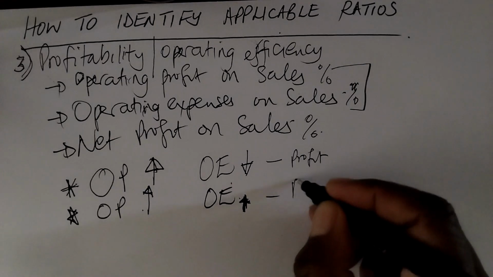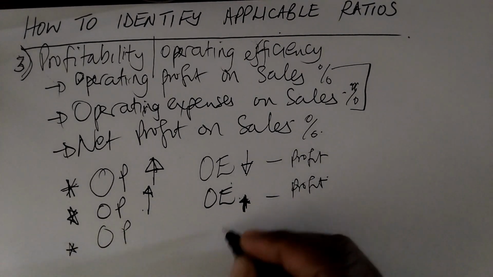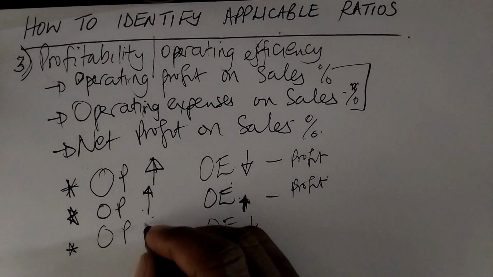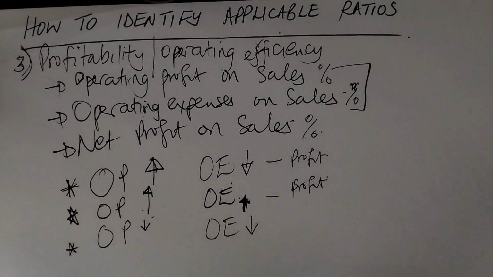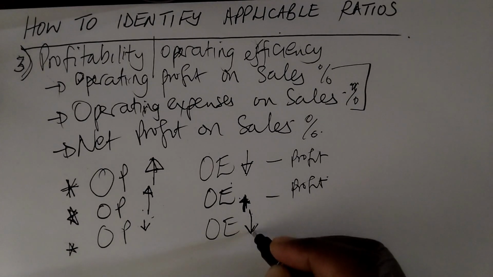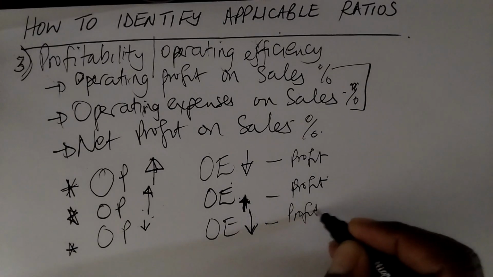Let's say they are all going down. Then operating profit must go down by a small margin, but operating expenses must go down by a bigger margin. If you have that scenario, you still end up with a profit.